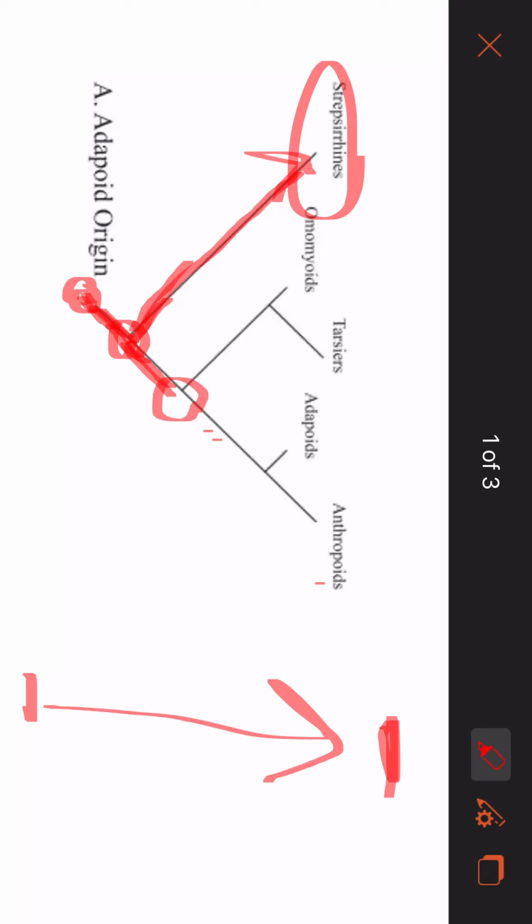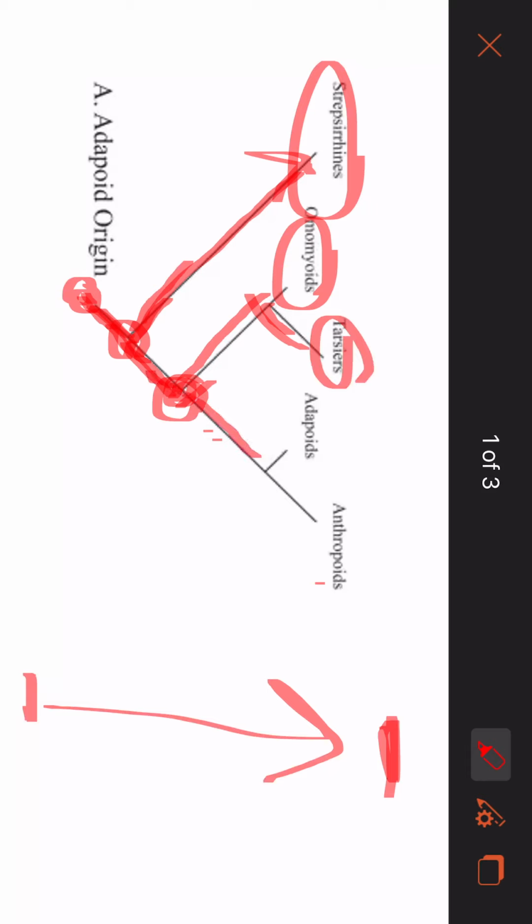According to this model, the adapoid origin model, the last common origin of this group occurred right here, at which time this group diverged, eventually becoming omomyoids, and then a smaller group diverged from this lineage, eventually becoming tarsiers. Meanwhile, this original group continued to evolve.